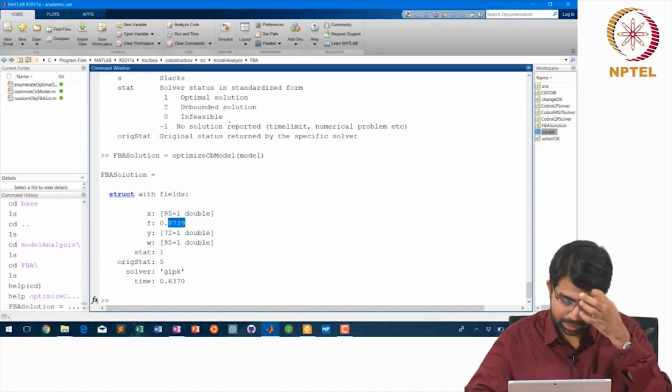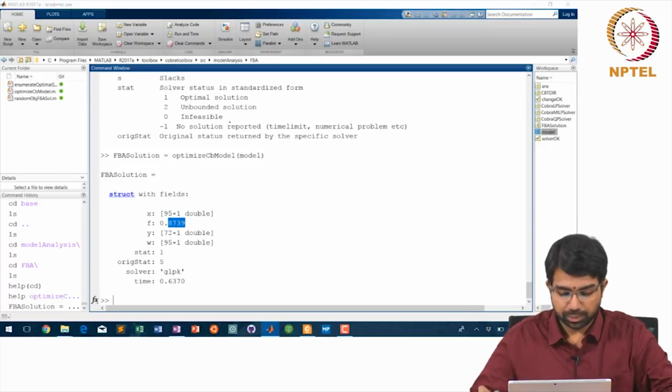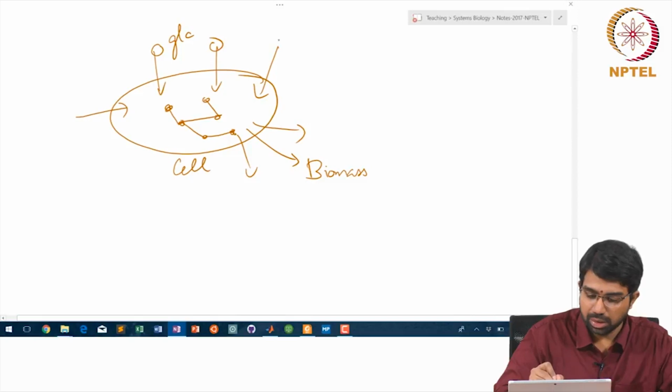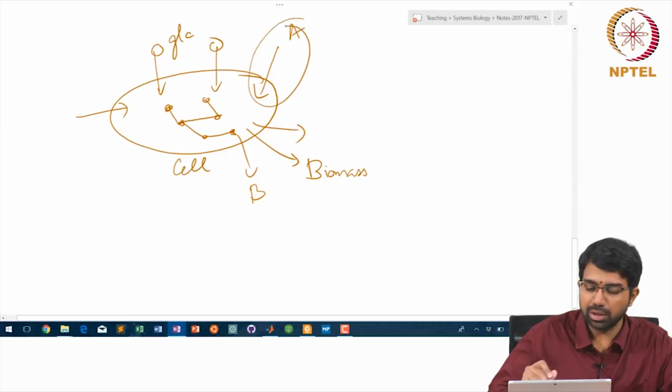One way to look at it is, so I think you know by now, suppose I had a reaction like this, how would it figure in the stoichiometric matrix? As B1. That is it, right.